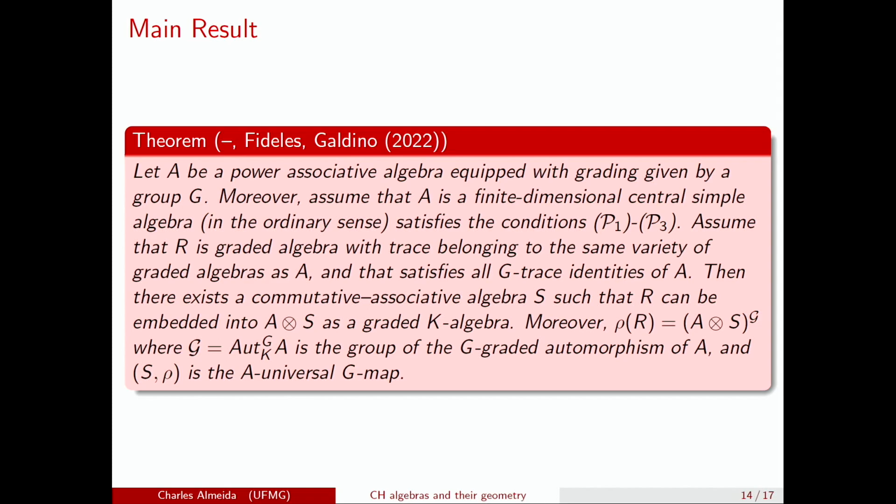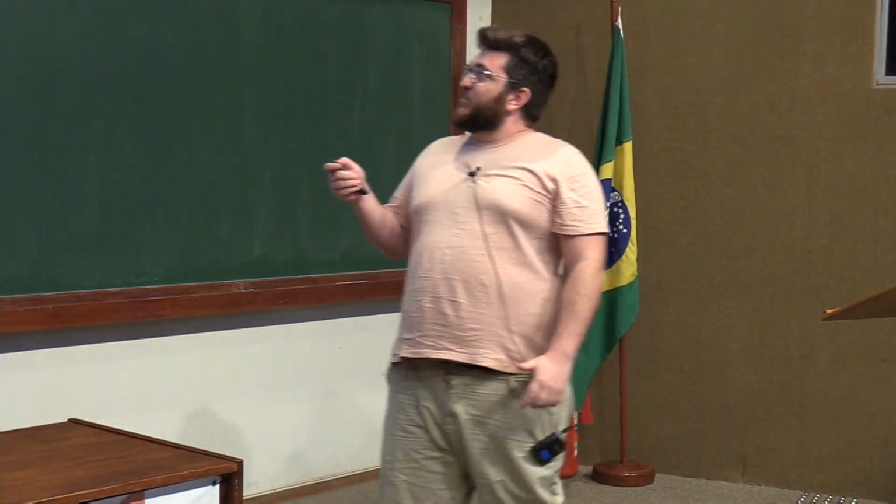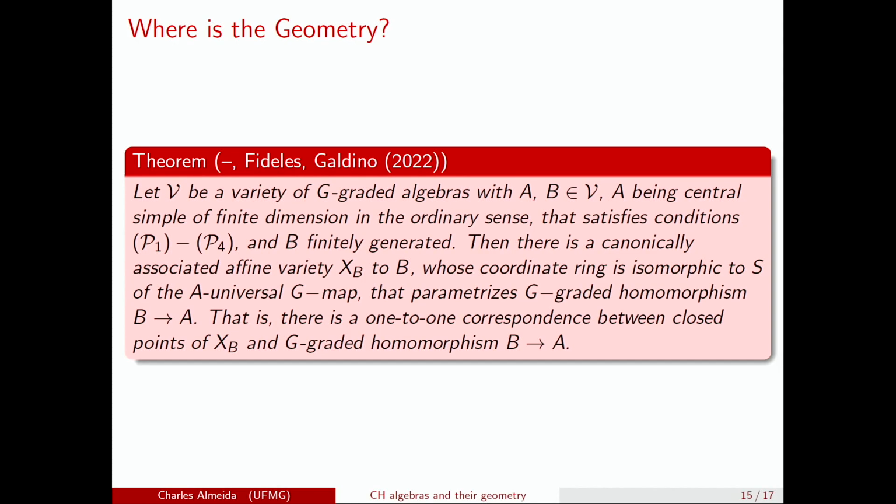And okay, this talk is almost finishing, and where is the geometry of all of that? If I add the fourth property here, and the property that my algebra B is finitely generated, then I can prove that all the maps from B to A times S are parameterized by the variety V_S, in the proper sense.